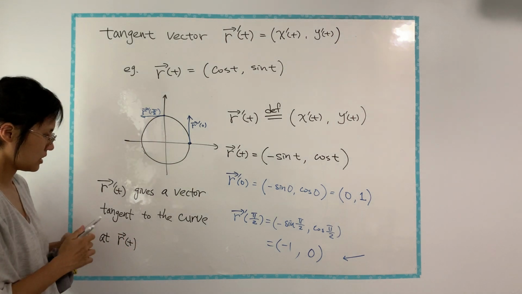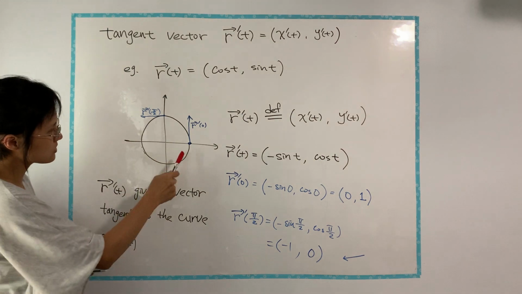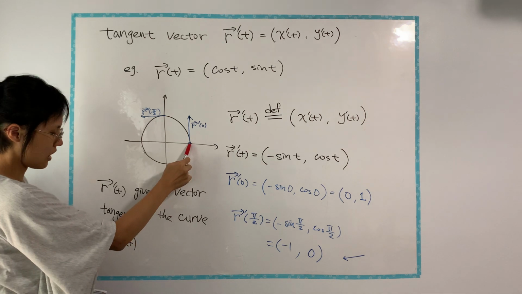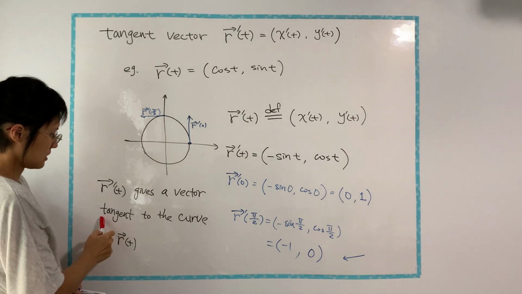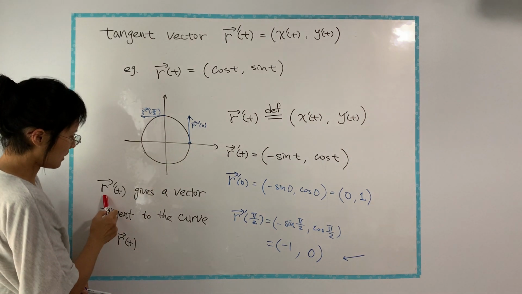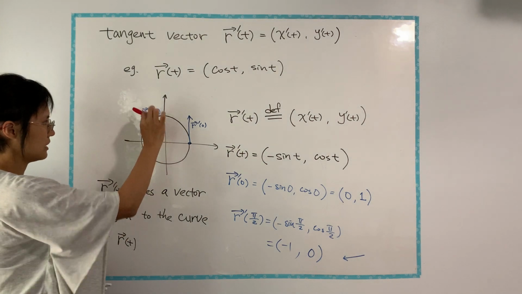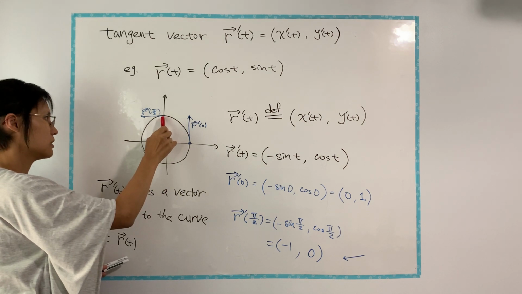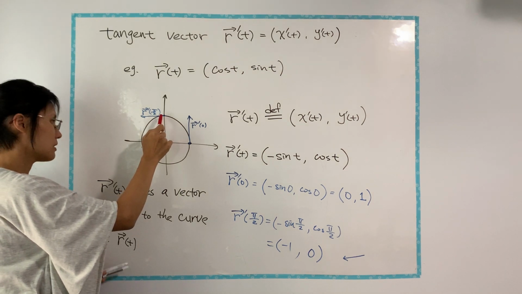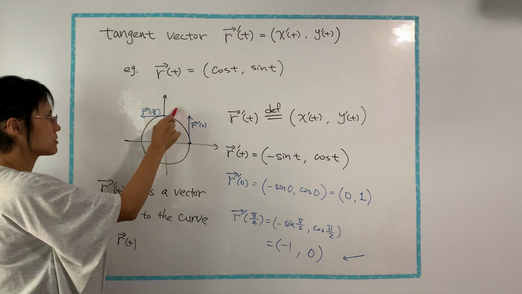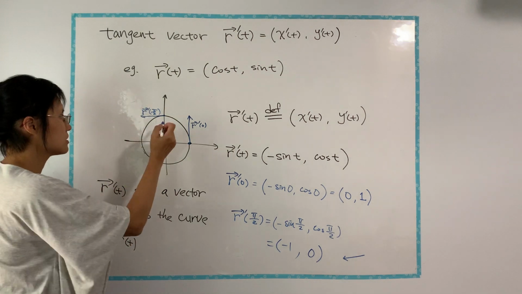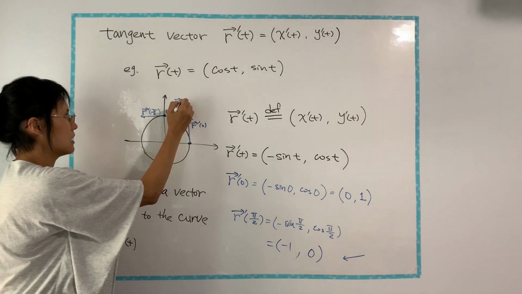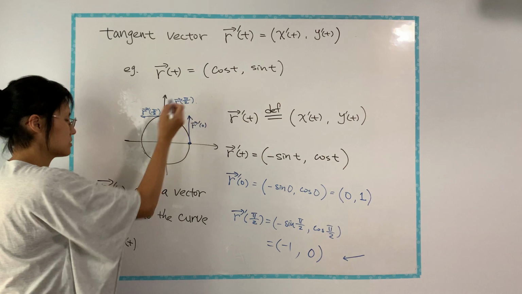Okay, so we see two examples. When t equals 0, r prime of 0 is a tangent at r of 0. R prime of a half pi is tangent at the point given by the vector, where is it? 0, 1. So this is point 0, 1. 0, 1 is what? 0, 1 is r of pi over 2.